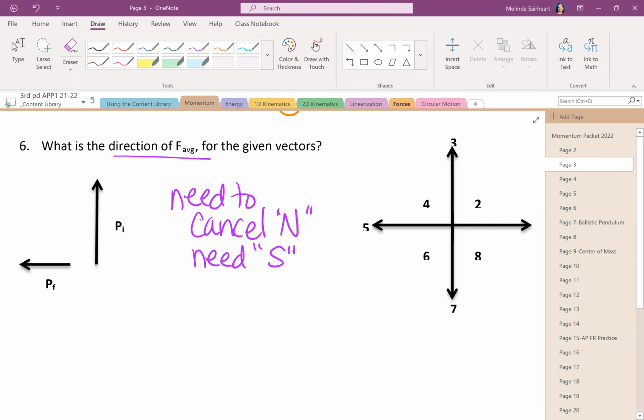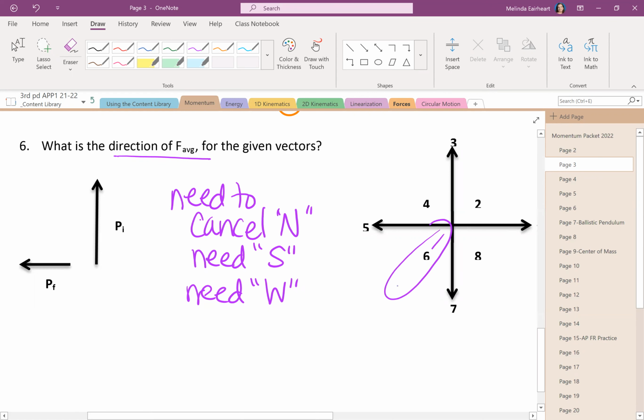But in the end, I was only going west. So I need what direction in my answer? Left or west. And so your answer is going to be a southwest vector. So what number would we assign that? 6. And so 6 would be your southwest vector needed for you to only be going west at the end.